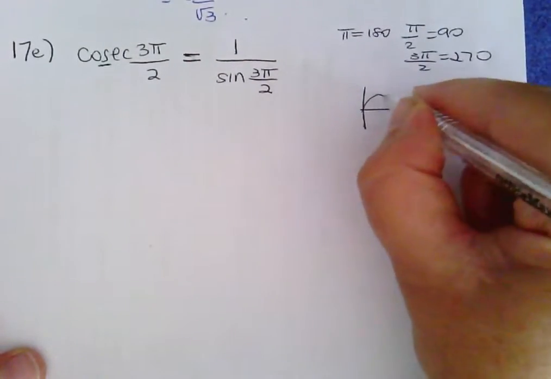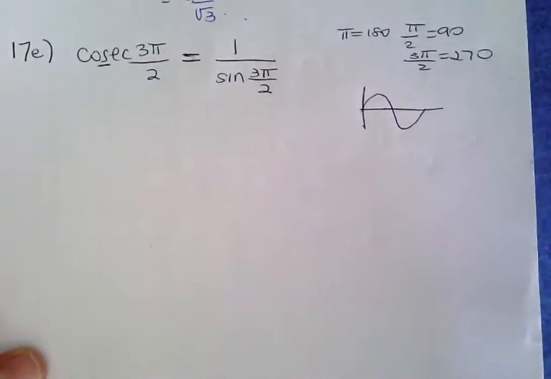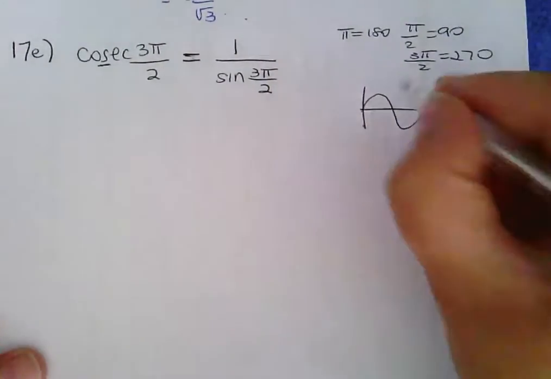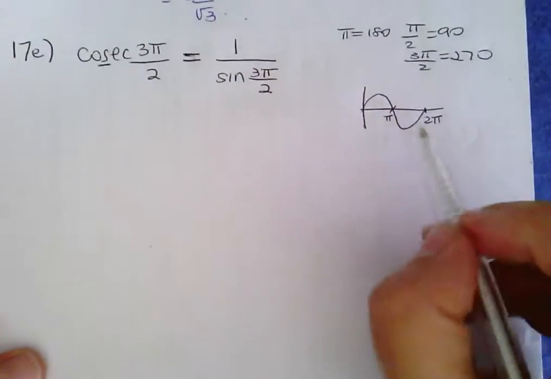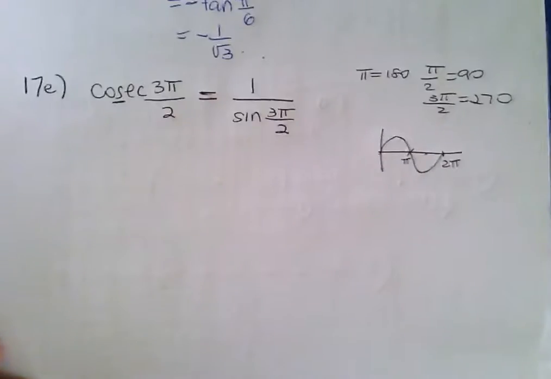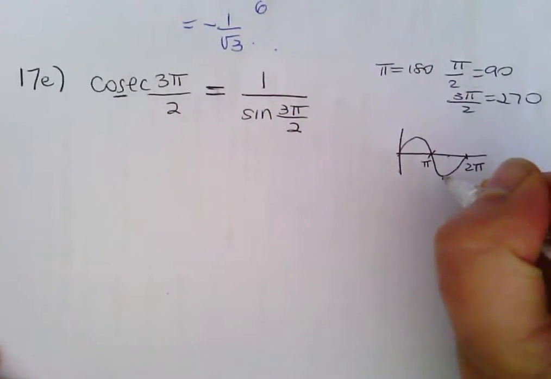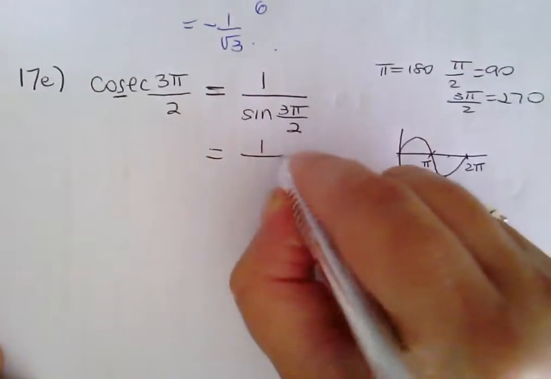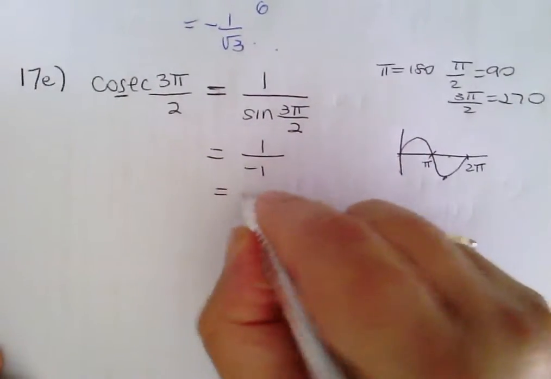I'm just going to sketch the sine curve. Here's the sine curve. Instead of writing 360 here now, we write 2 pi, pi. Obviously 1.5 pi is there. Got it? So what's sine of 270? Or 3 pi on 2? Negative 1. So it's negative 1.